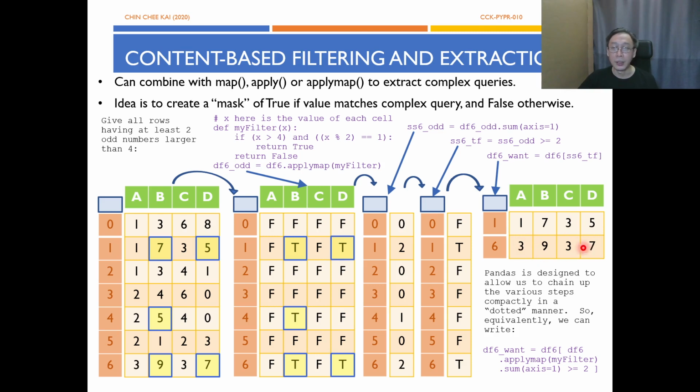So the other way around, having odd numbers that are larger than 4 and having two or more such occurrences. So that's exactly what we have. And of course we can throw away all the temporary variables like SS6 odd and SS6 true false by just dot chaining them all together. So definitely this will work as well.